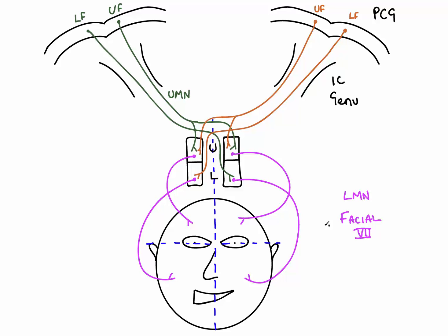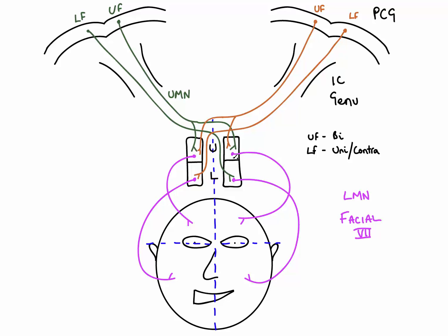So what we can see is that for the upper region we have bilateral innervation. So for the upper face we have bilateral innervation, but for the lower face we only have unilateral innervation, and that is on the contralateral side. So we have contralateral, unilateral innervation.